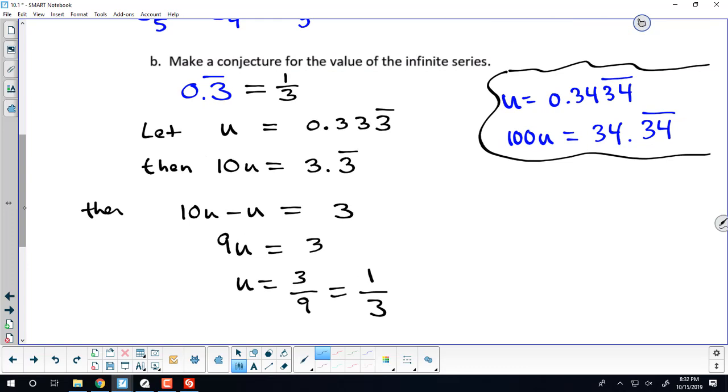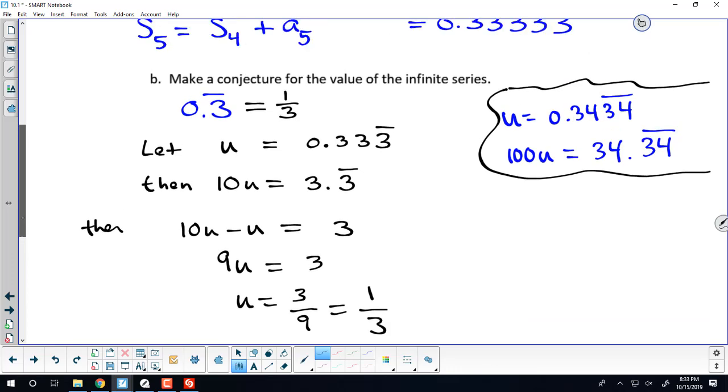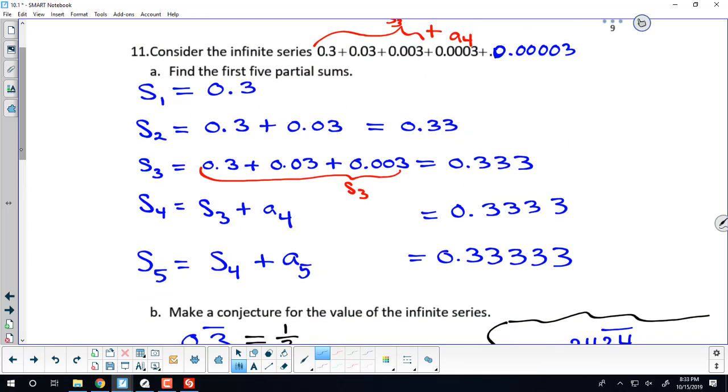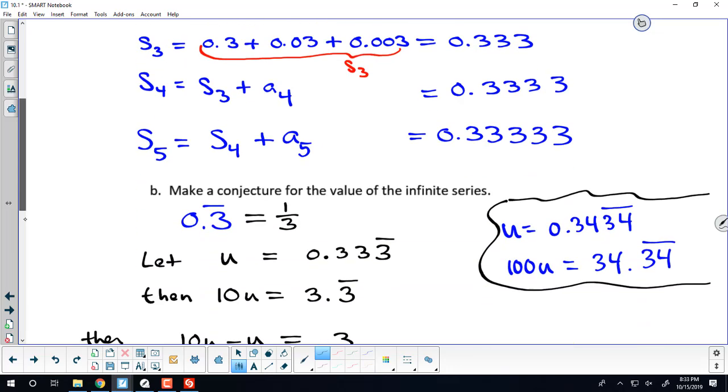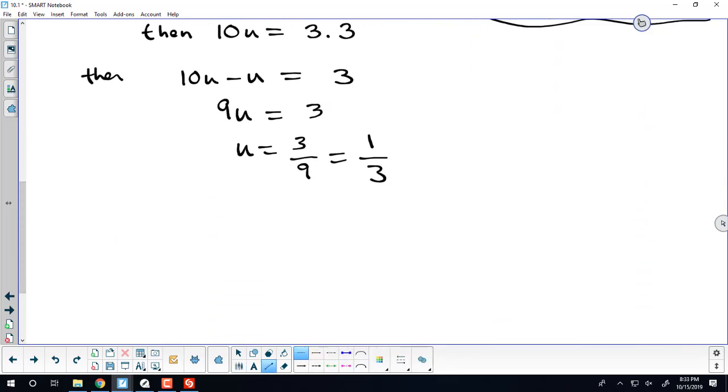So that's our conjecture. That's what the partial sums show us: we're just adding 3 in the tenths, hundredths, thousandths, etc. places every time we look at a different partial sum. The other way we can think about this is to represent 0.3 plus 0.03 plus 0.003, etc. as a sum itself.